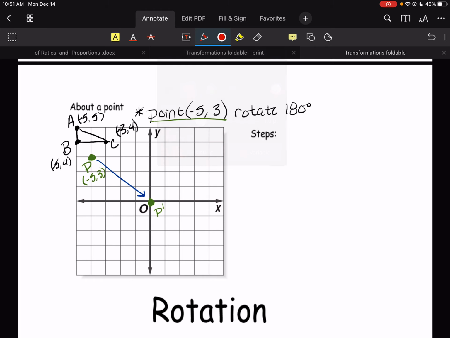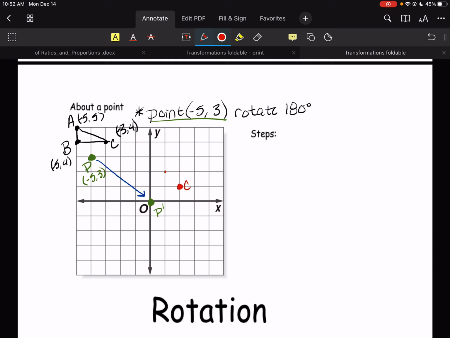So if I add 5 to it, negative 3 plus 5 is 2, and then I'm going to want to subtract 3 from it so that I can go down. It was at 4, so now I'm going to be at 1. So I'm going to add 5 and then subtract 3.